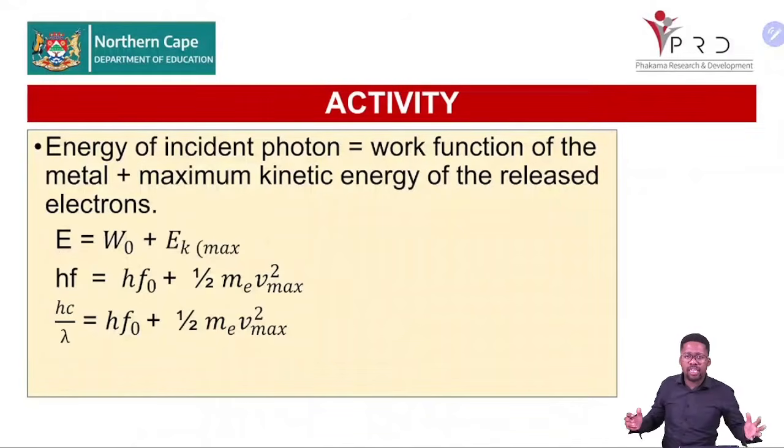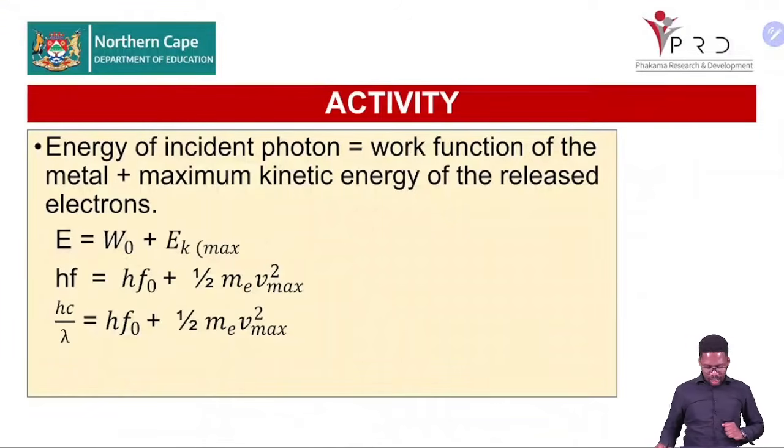We can expand on this formula. If you are given frequency, you can say energy is equal to h multiplied by frequency, is equal to the work function, which is Planck's constant multiplied by threshold frequency, plus EK max, which is 1/2 mv squared.